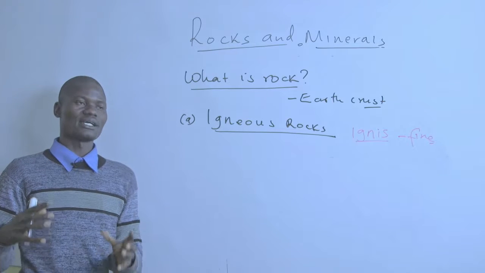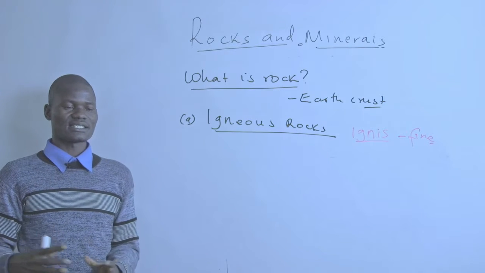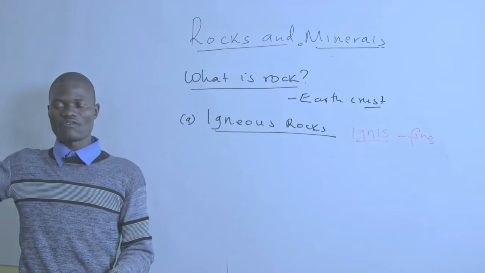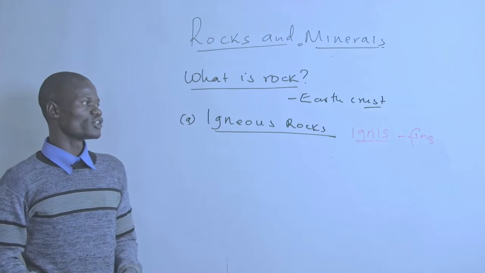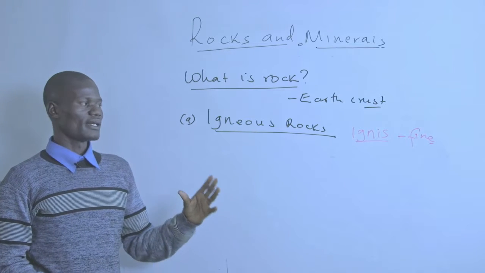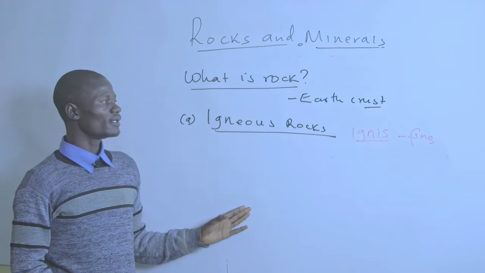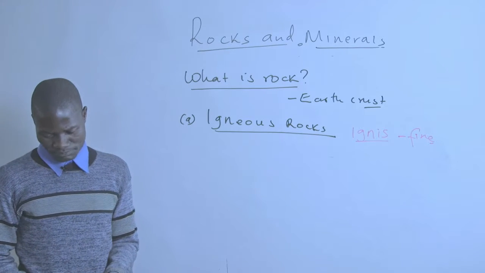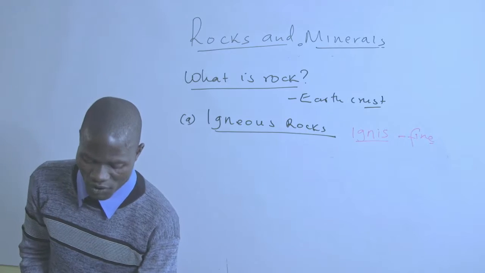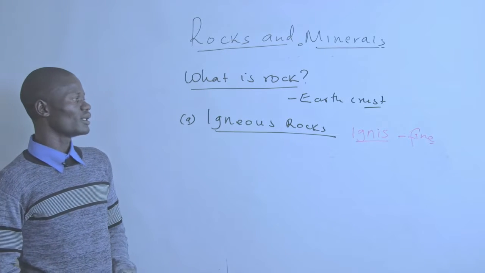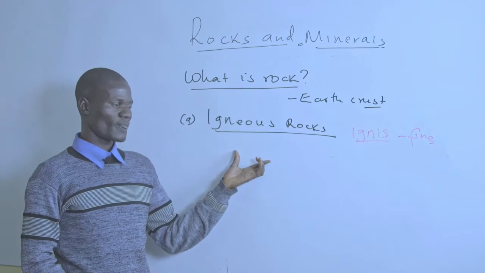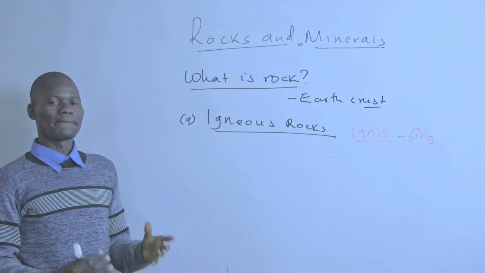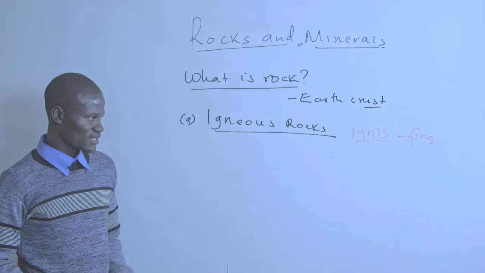When it is still in the interior of the earth, it is called magma. But when it flows over the earth's surface, it turns into lava. Now, when the magma cools and solidifies, it forms what we call igneous rocks, either on the earth's surface or beneath the earth's surface.